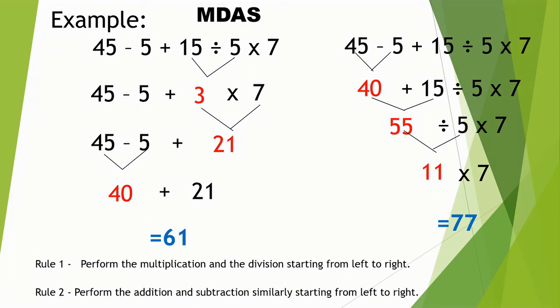Okay, kids. So, yan yung dalawang rules natin. Hindi pwedeng kung ano lang yung gusto nyong isolve na alam nyong madali, yun ang gagawin nyo. Yun ay mali. Kailangan memorize, isip, isa puso, yung rules ng MDAS para kayo ay pumunta sa tamang sagot.